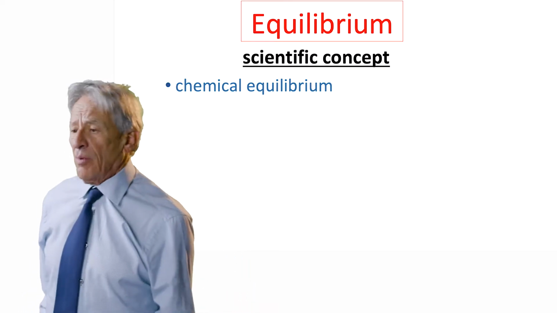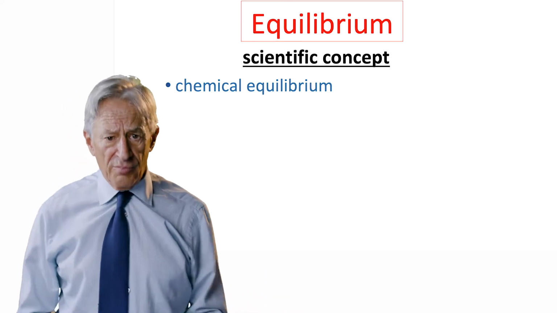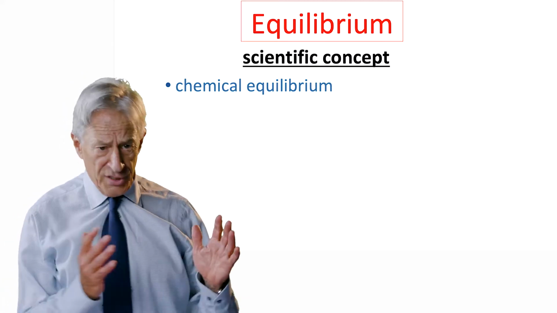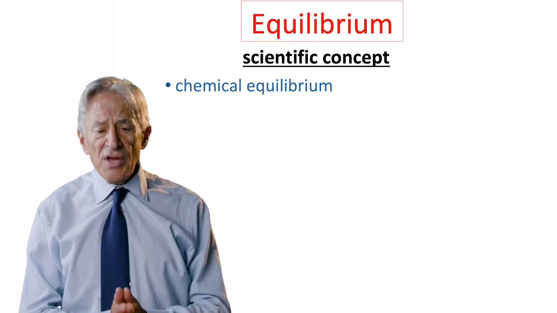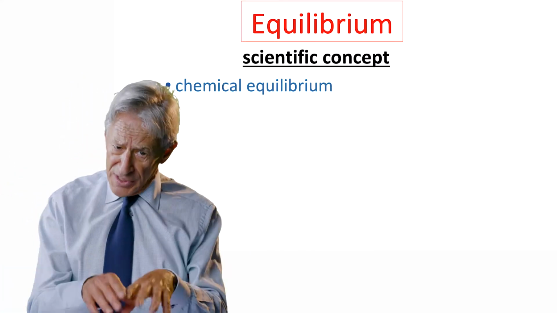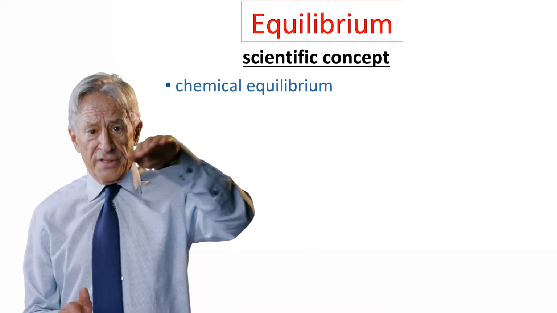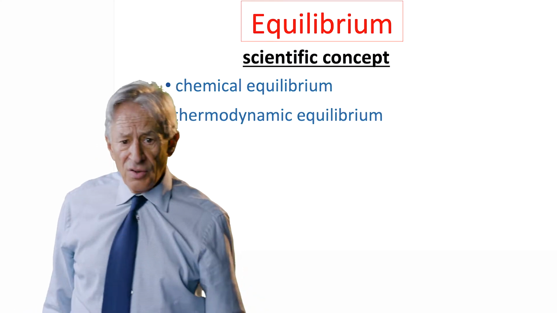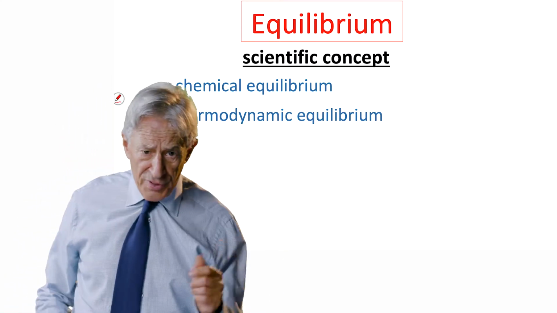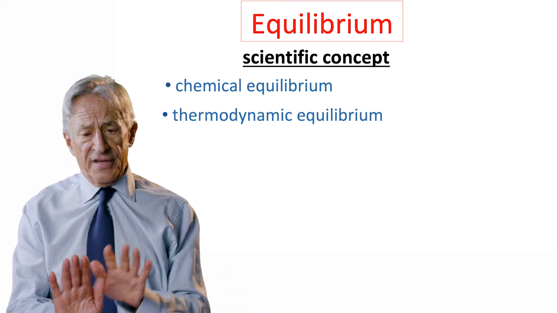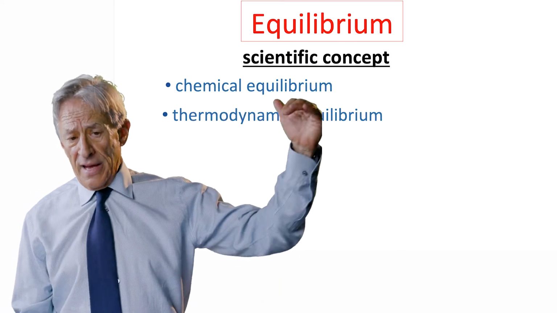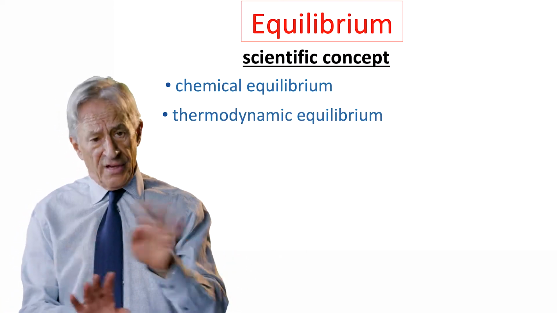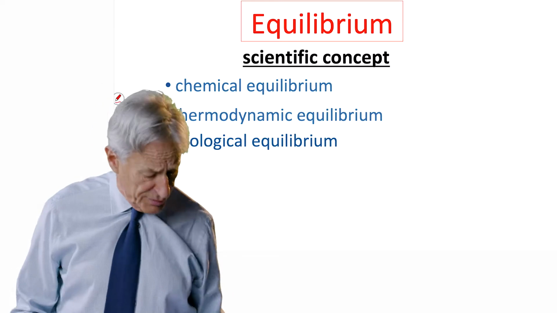So for example, chemical equilibrium, we are told in freshman chemistry, page 1 of the chemistry text, you put a bunch of substances in a box and they go to equilibrium. If we study thermodynamics, you put a hot cup of coffee in a cold room, and that cup of coffee quickly comes to equilibrium with the room temperature.